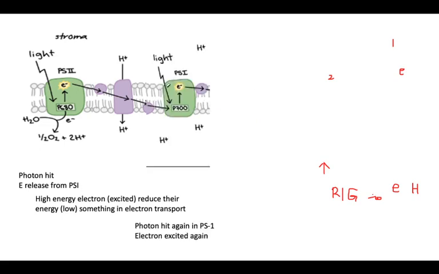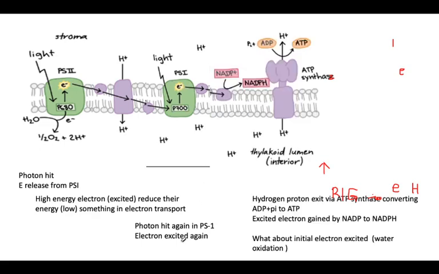Step 3 is that the photon hits again, in photosystem 1, and this hit results in an activation of electrons, and these excited electrons get into the reduction of NADP to NADPH, right? And this NADP to NADPH results in the formation of a product which is required in the dark reaction system.